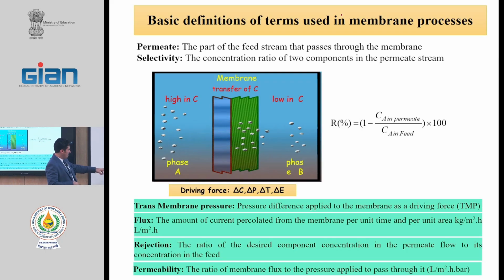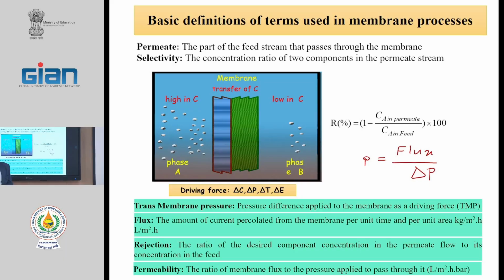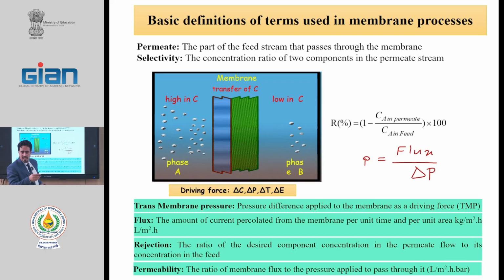We divide the flux by the applied pressure, and this is the permeability. Permeability is flux per delta P. This is in liquid separation. In gas separation, the definition of permeability is different, and I will speak about it later.